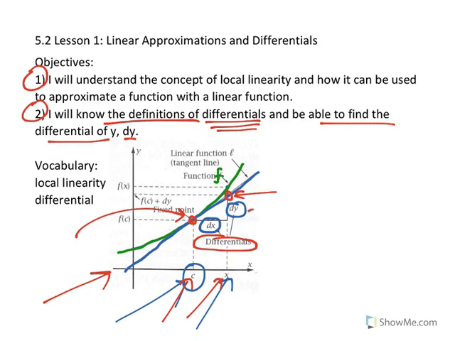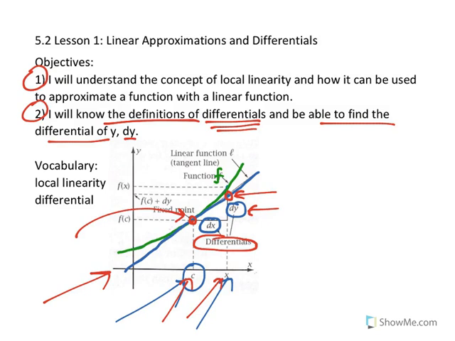Dx is the difference in the x coordinates of 2 points on the tangent line, where one point is the fixed point and we have a second point on the tangent line.